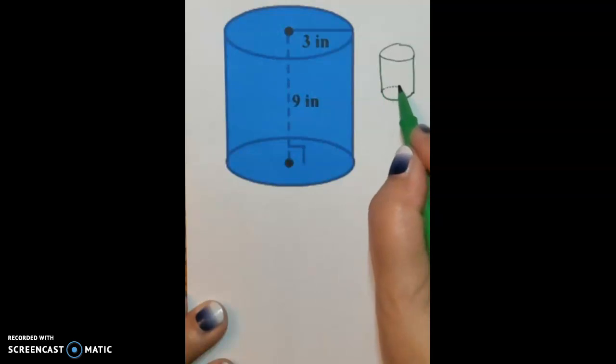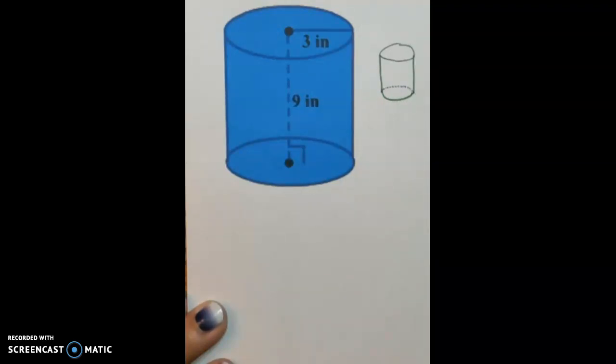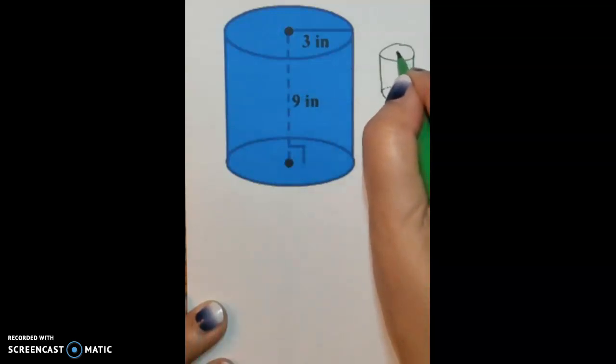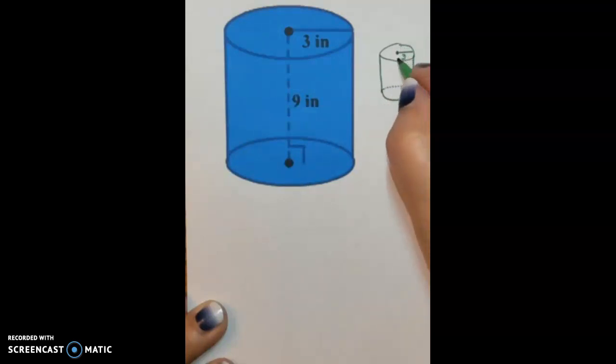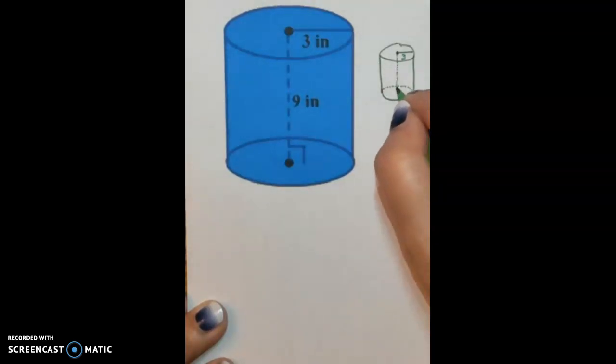Sometimes people draw a little backside there. Okay, so make yourself a quick sketch, and we're going to label the radius 3 inches, and the height, which in this diagram they're showing the height from the center of the top circle down to the bottom, and they show that it forms a right angle, and they're saying that is 9 inches.